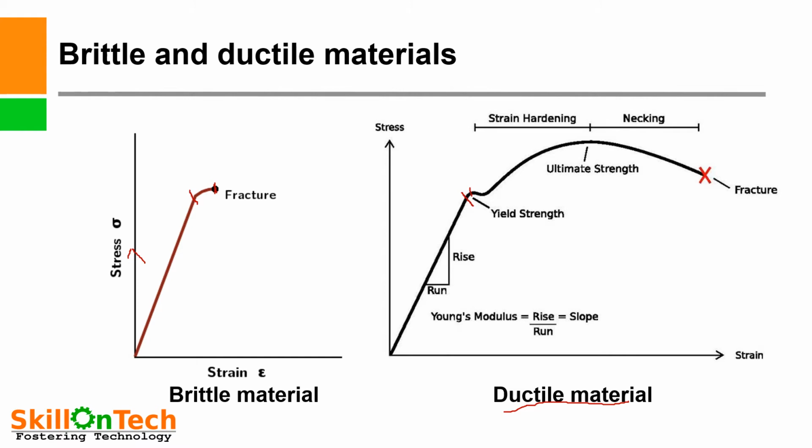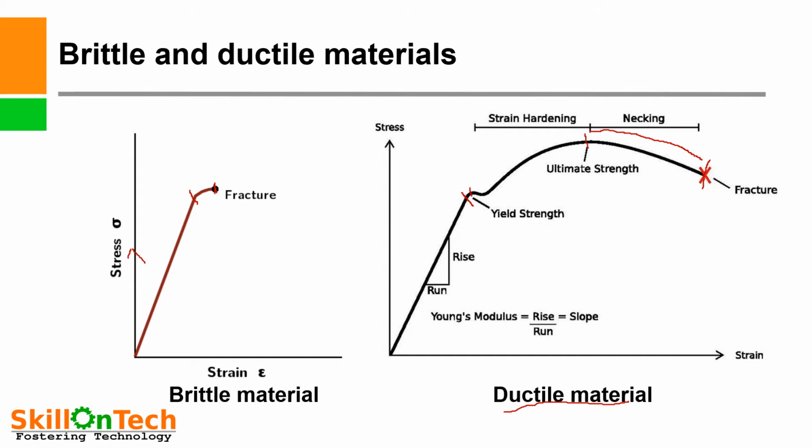And after the yield strength, if we increase the stress, there will be strain hardening up to this point, and thereafter there will be necking in the specimen, and the cross section area of the specimen will reduce, and thereafter fracture will occur here at this point. This point is called the ultimate strength of the material.